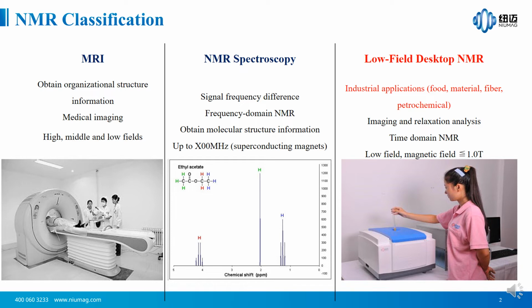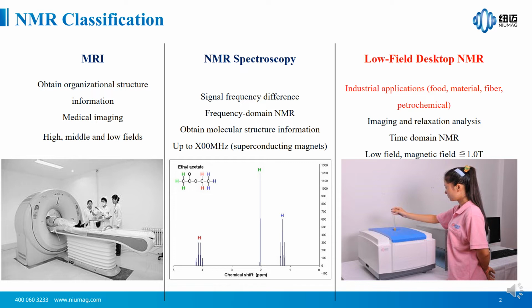Let's say this is a 100 megahertz NMR device, and the difference between the two hydrogen nuclei is 1 ppm. 1 ppm corresponds to 100 hertz. If this is an 800 megahertz device, then 1 ppm corresponds to 800 hertz.